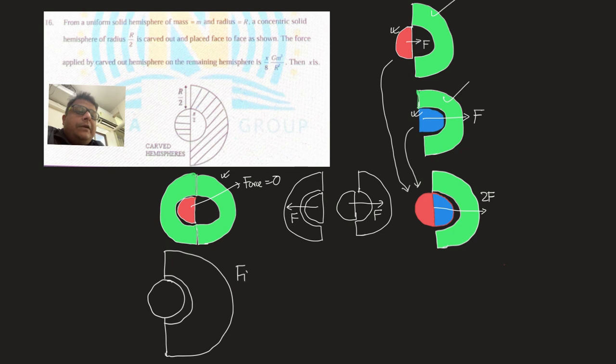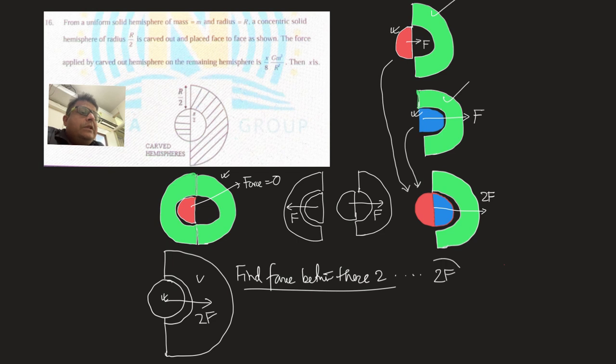So find the force between these two, right? This large hemisphere and a small sphere. Now whatever this force, calculate this force. This can be done with integration and all those things. So that will be 2F. Now you can find F by that. This integration you can do yourself.